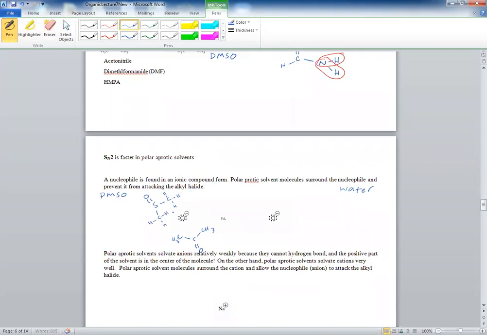So there's no delta plus delta minus on it. So in this case, your Cl minus is poorly solvated, right? Meaning it's not surrounded by those solvent molecules, despite having delta minus and delta plus on S. But there again, the S is very far out from the Cl.